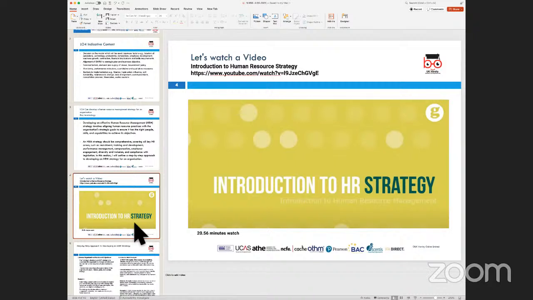That would be the key purpose of HRM strategy, because at the end of the day, the main aim is to ensure that they have the right staff with the skills and abilities to help in achieving the objectives.